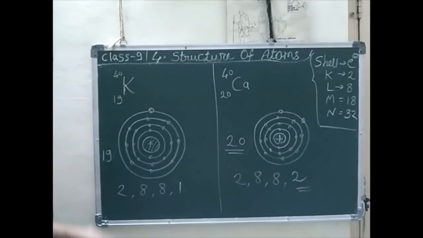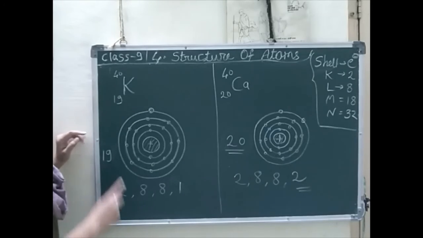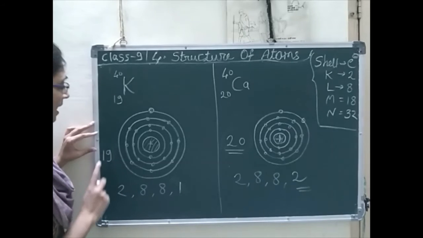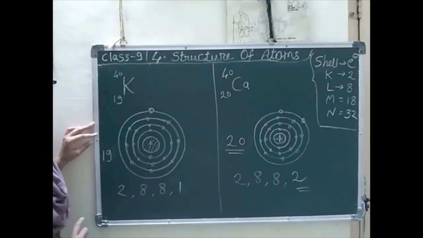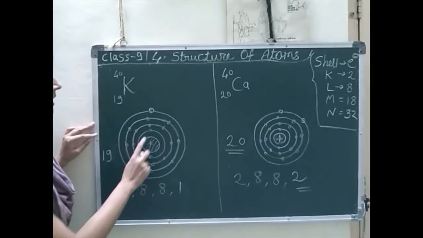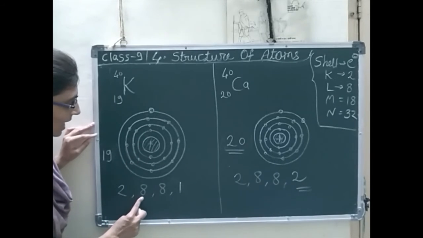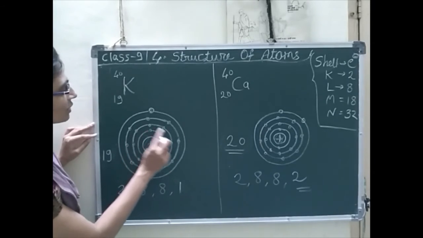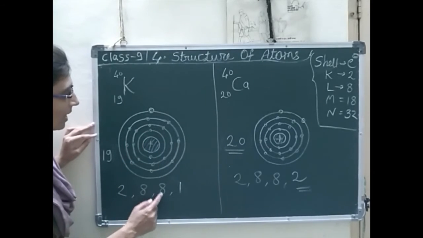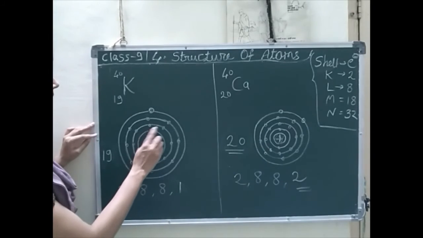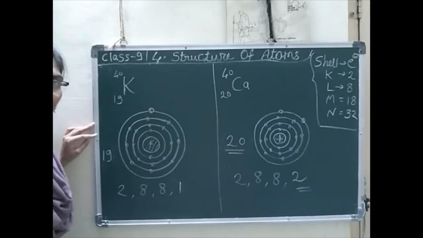So how we will see here in case of potassium. Now the atomic number is 19, meaning there are 19 electrons here. So how can we distribute? In the first shell 2 electrons, then in the second shell 8 electrons. So 2 and 8, now 10 electrons are over here.